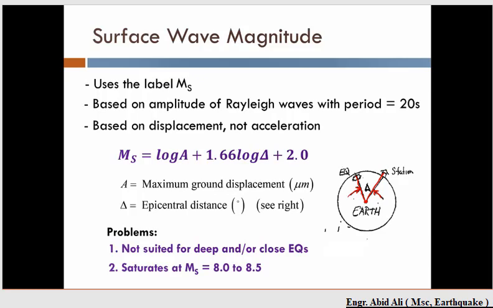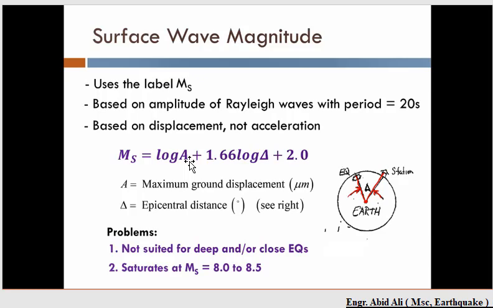The equation to compute the surface wave magnitude, where A is the maximum ground displacement from the Rayleigh wave of a period of 20 seconds, and it's in units of micrometers.